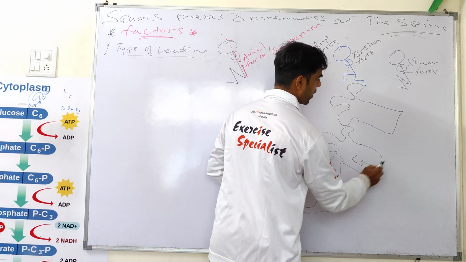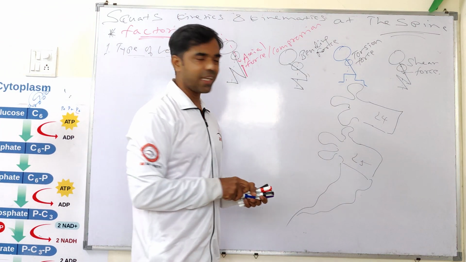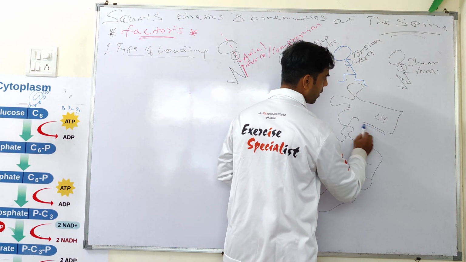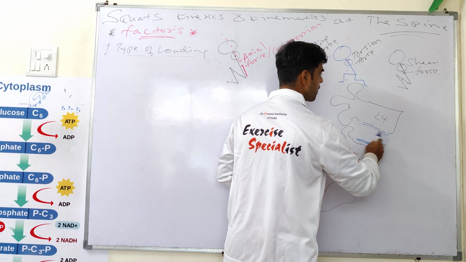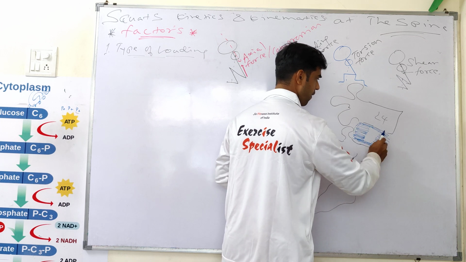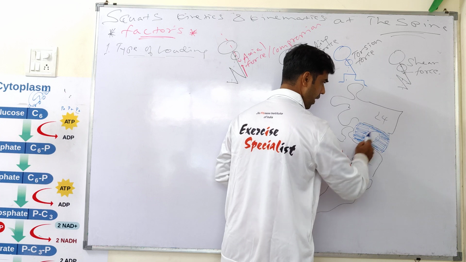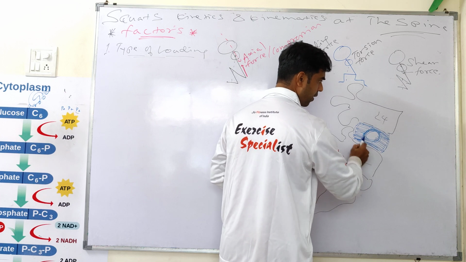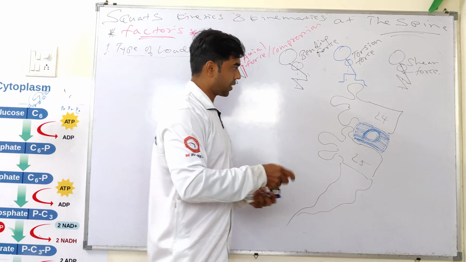Suppose this is lumbar L5, L4. We do have a disc, intervertebral disc. Right? And in the center we have nucleus pulposus.